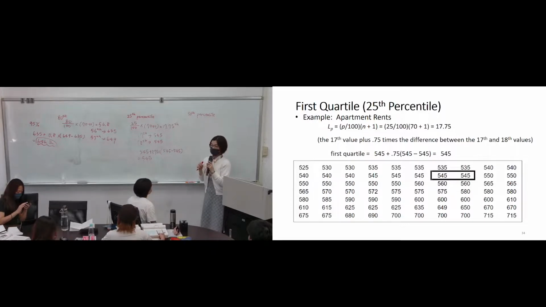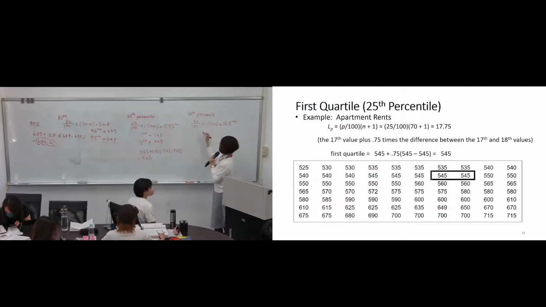How do we find the 50th? 50 out of 100, multiply by 70 plus 1. What's that? 35.5, right? So we should find the 35th and 36th.